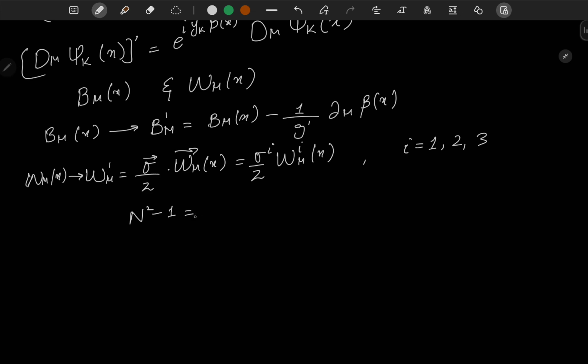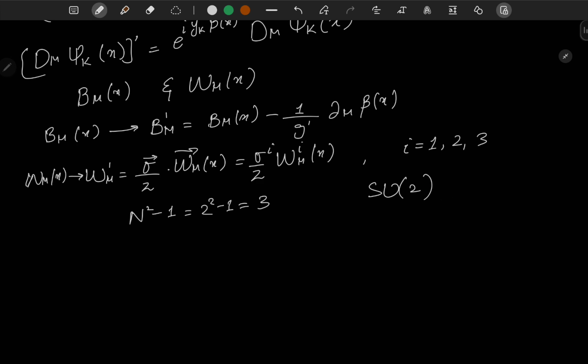We have two components in a doublet, the up-type particles and the down-type particles, so n is 2, and we have 3 generators in the case of SU(2) symmetry.